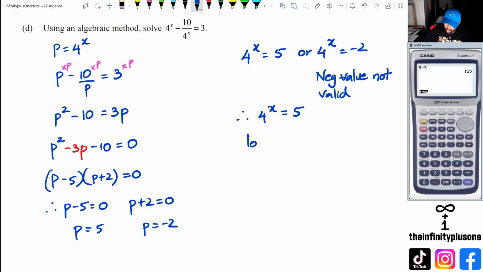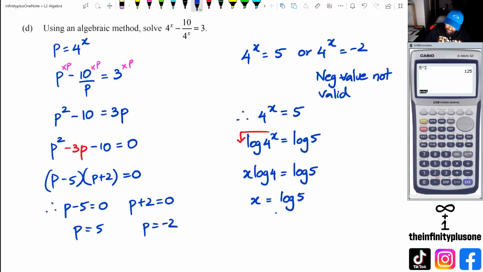Then we're going to take log of both sides. So we've got log of 4 to the power of x equals log of 5. Bring the x to the front, which means we're going to get x log 4 equals log 5. And then x is equal to log 5 divided by log 4.